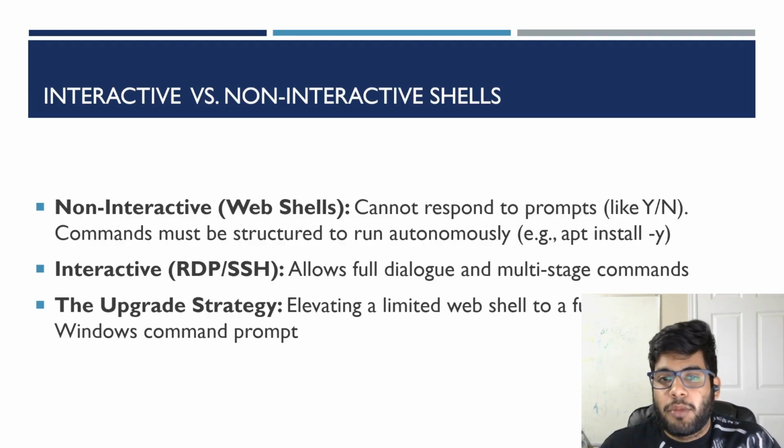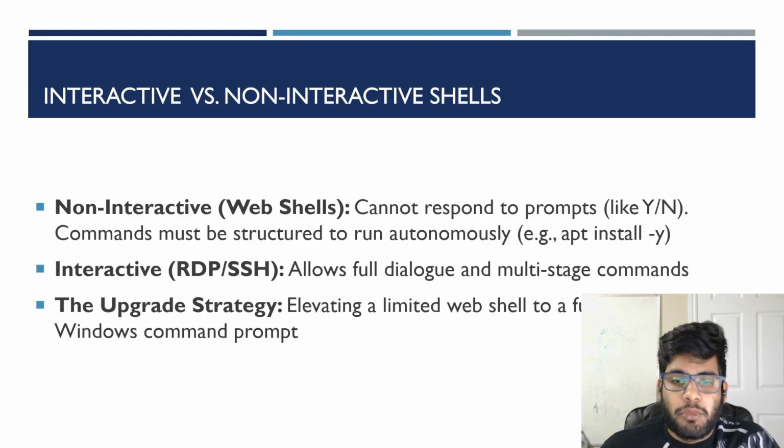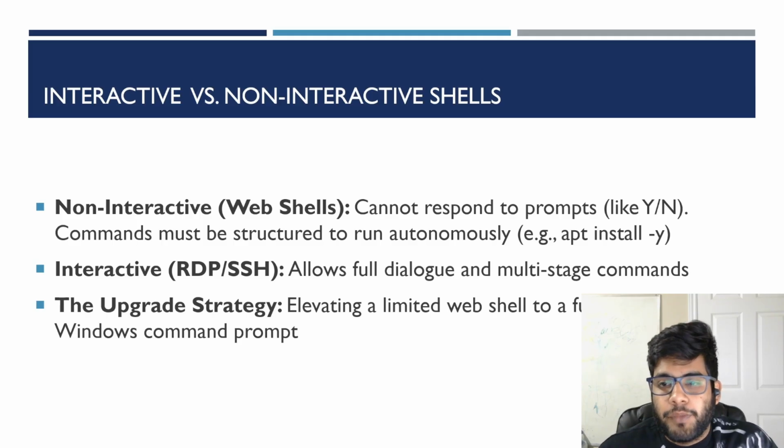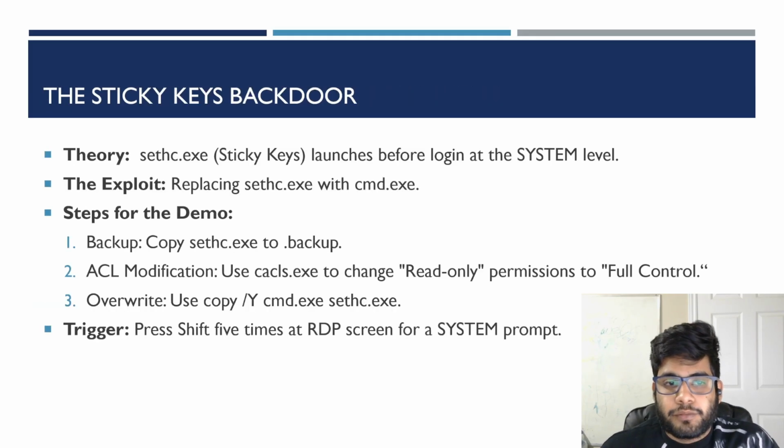It's gonna prompt for a yes or no question, but you can't reply to that through a non-interactive shell like the one in the web server we will exploit. So we need an interactive shell to make the exploitation work better, so we can communicate with the shell together. So for that, that's the backdoor we have to use.